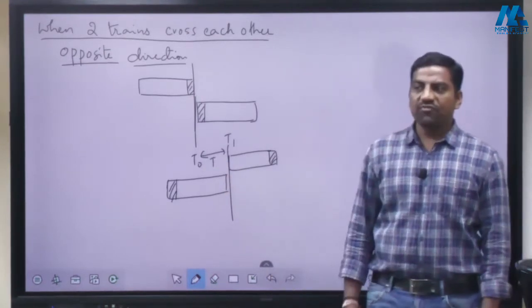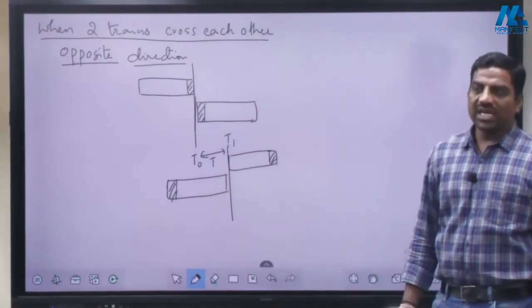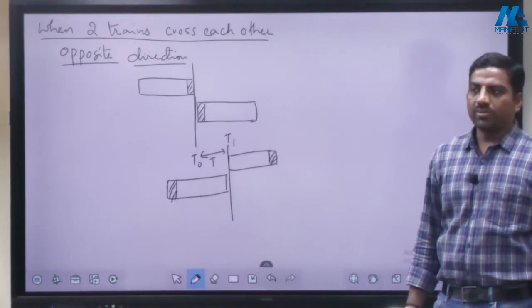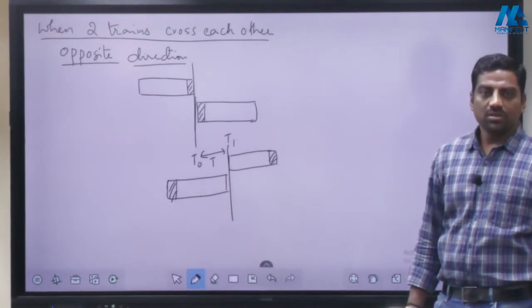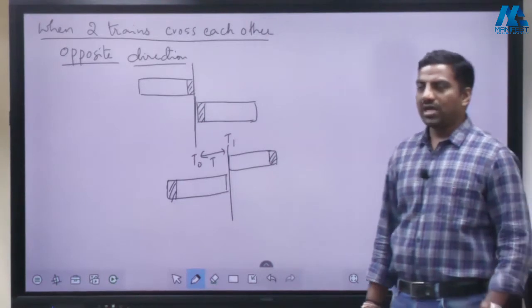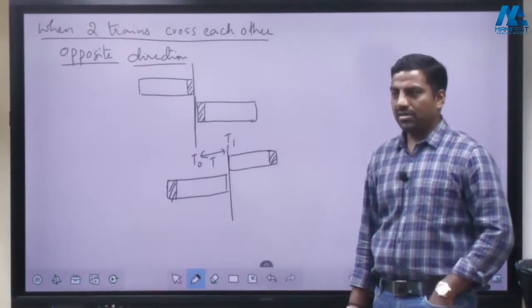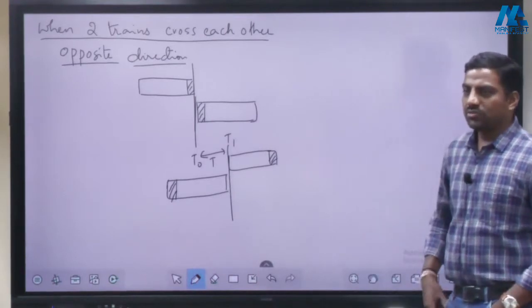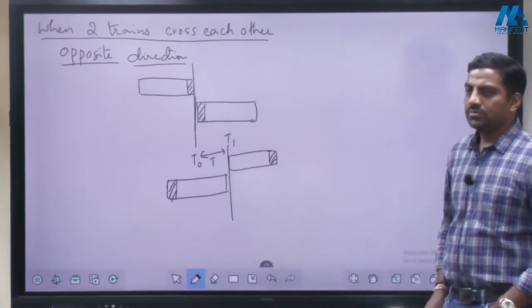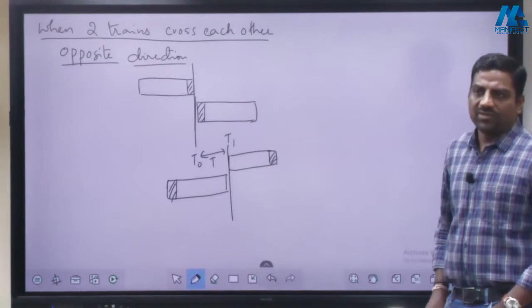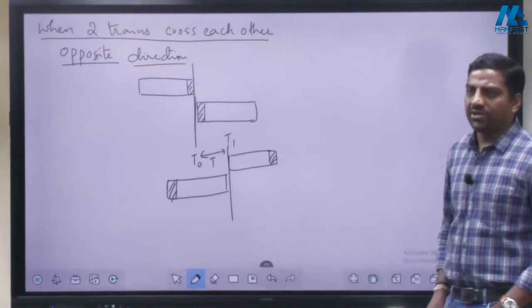But what is the effective length? What is the effective length crossed by the trains? Effective length or effective distance covered by both the trains, not just one train. Either first train or second train.